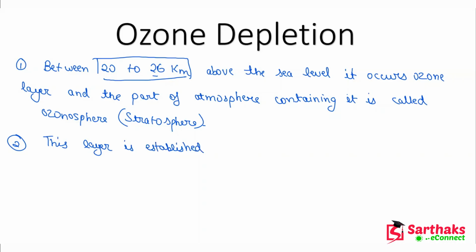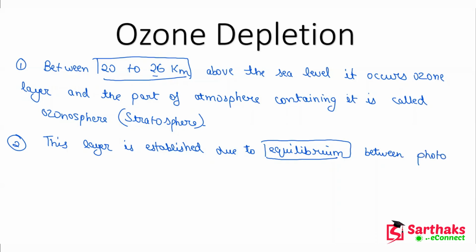This layer is established due to equilibrium between photodissociation of ozone by UV radiations and regeneration of ozone.